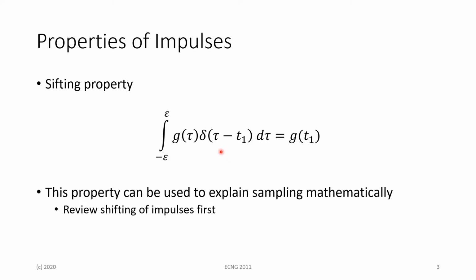Because we shifted the unit impulse by t1, when we do the integral with the continuous time signal g of tau multiplied by our unit impulse shifted by t1, this effectively allows us mathematically to obtain the instantaneous value of g of t at t1.